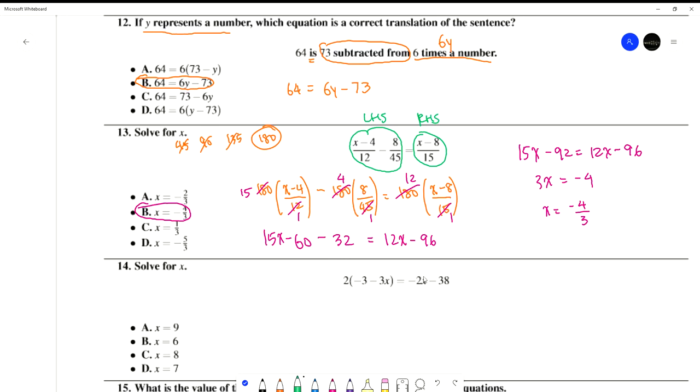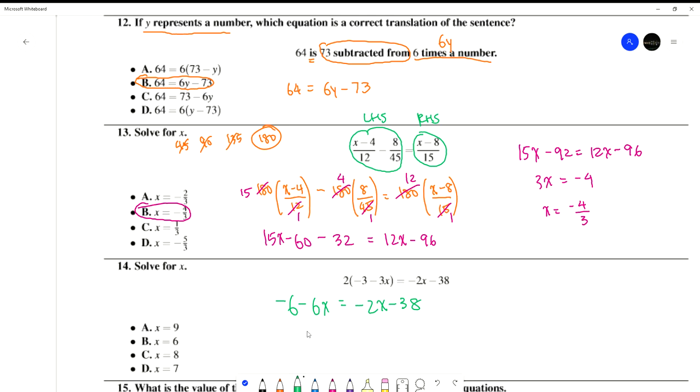Number 14, one variable equation, we have to distribute. So we have 2 times negative 3x is minus 6x is equal to negative 2x minus 38. So I'll gather the x's to the left-hand side. I'll add 2x, right?